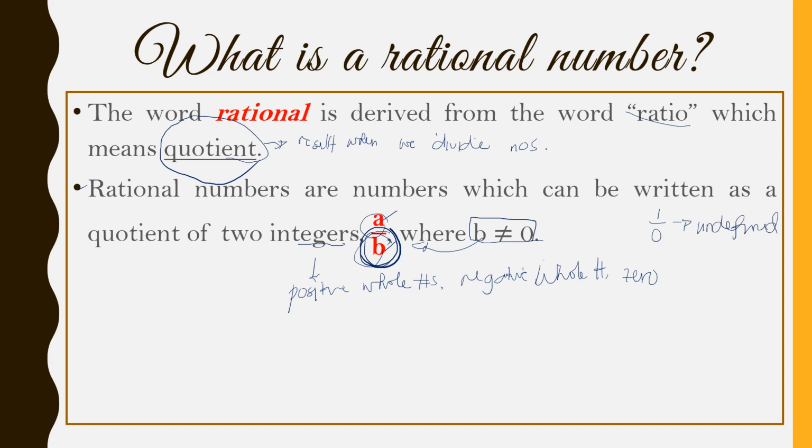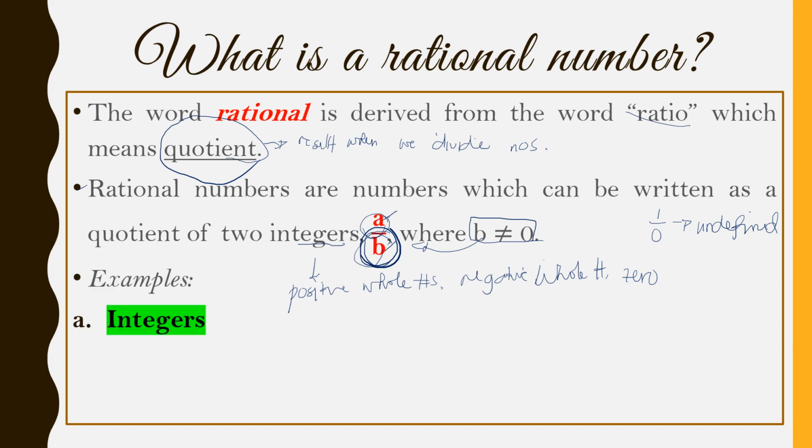If you key that in your calculator, it will show a syntax error. Take note of that. The numerator can be a positive number, a negative number, or 0, it doesn't matter. But for the denominator, we cannot put 0 as a divisor.